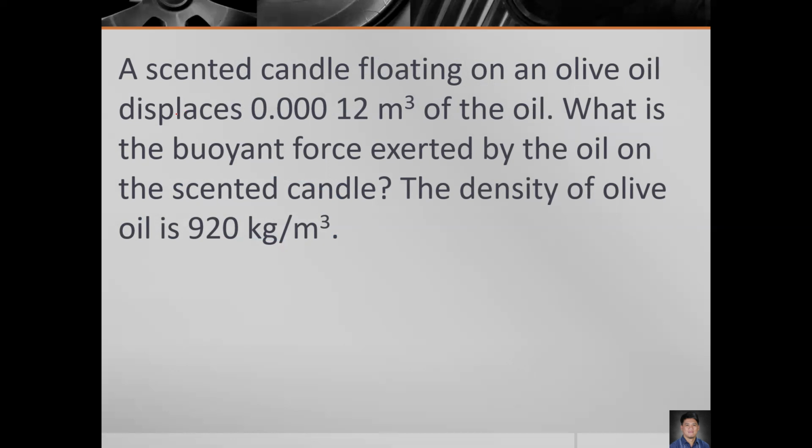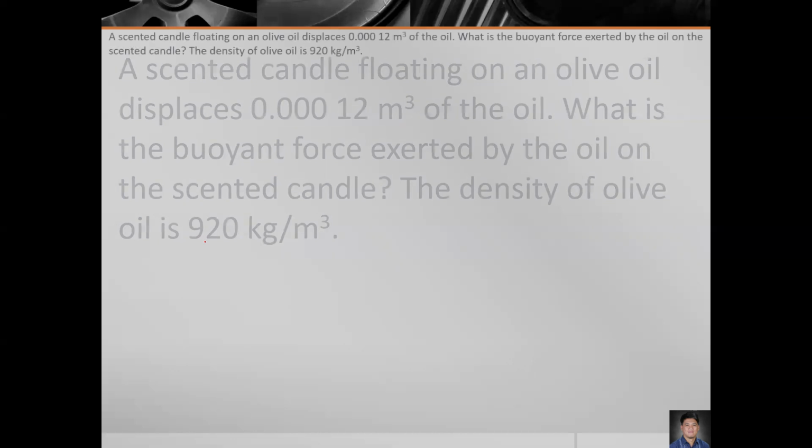We also have the density of the olive oil, which is 920 kilograms per cubic meter. So this is the density of the olive oil. Using this, we can solve for the buoyant force using the first equation that we discussed.